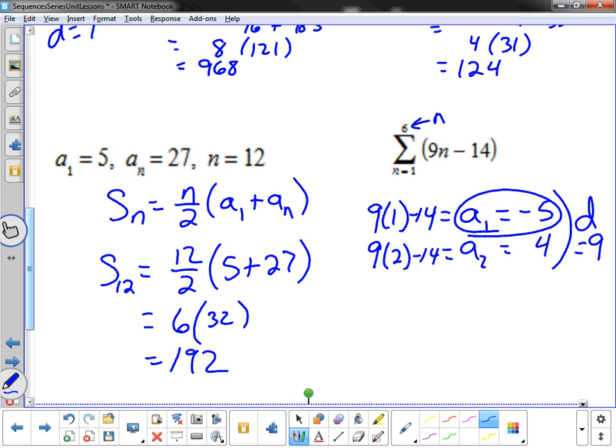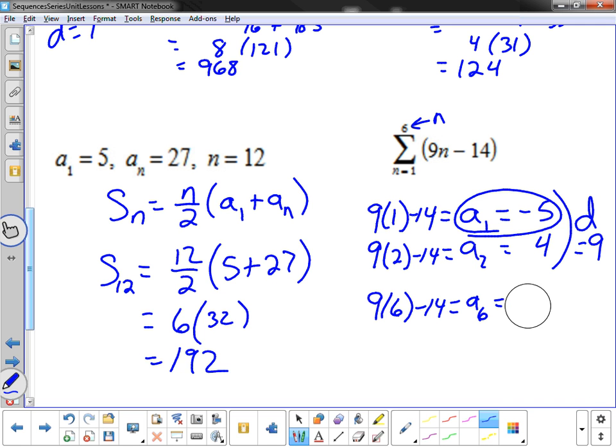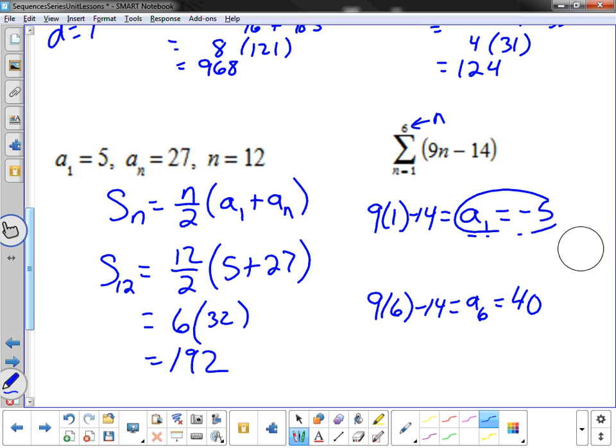Or I can just continue this on and go straight to the 6. 9 times 6 minus 14 would be my a sub 6, which would be 54 minus 14, which would be 40. I don't know why I wrote 14. 40. So in this case, I have my last term, my first term, my common difference, and I know my number of terms. I can use any formula, but when I get to these sigma notations, if I can cut out this middle step and just know what the first term is, the last term is, and how many terms I got, I speed up that process a ton.